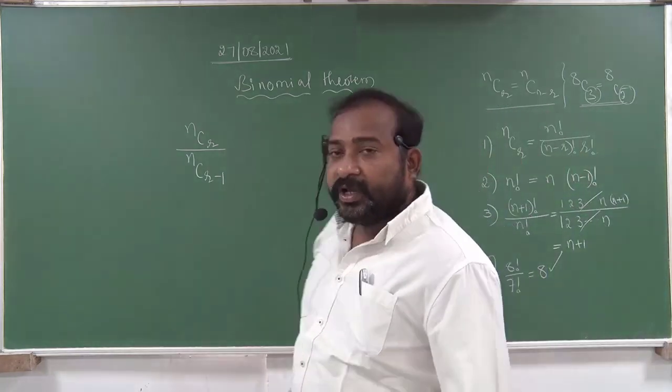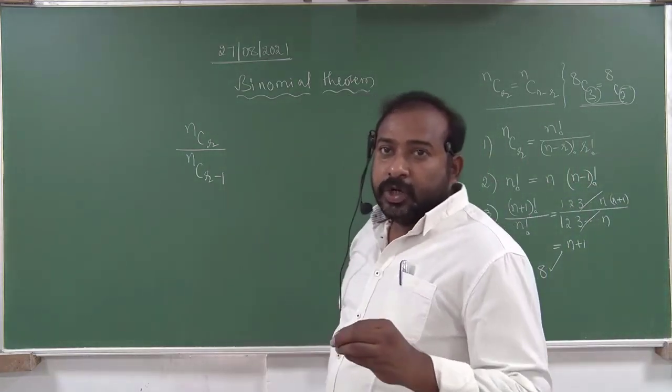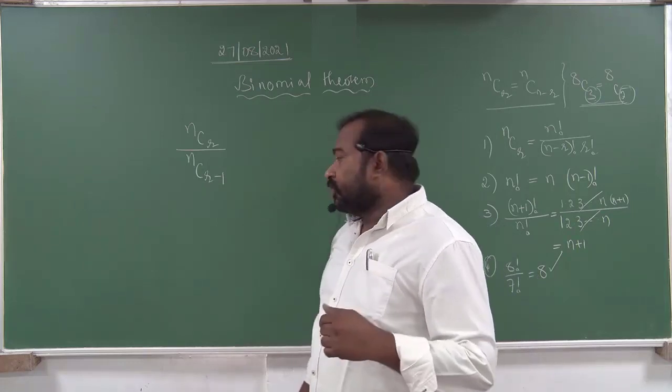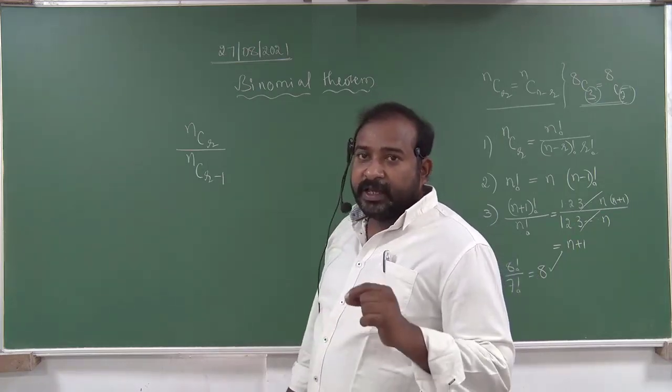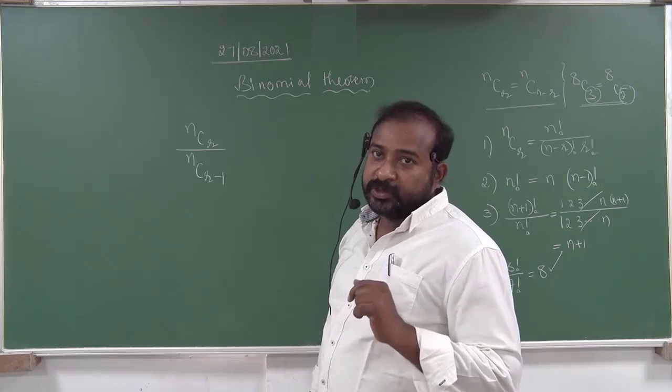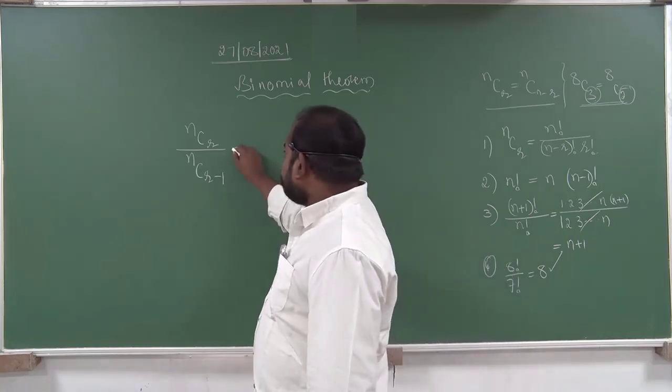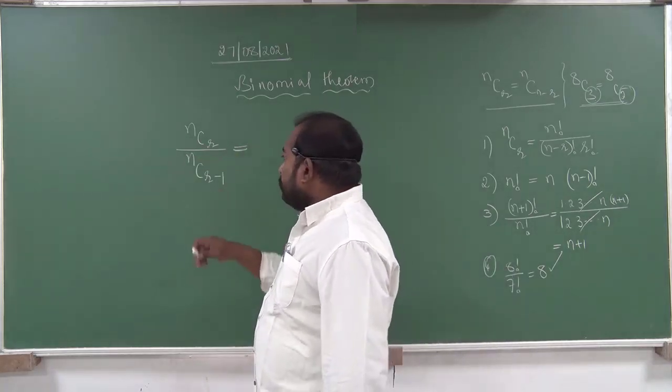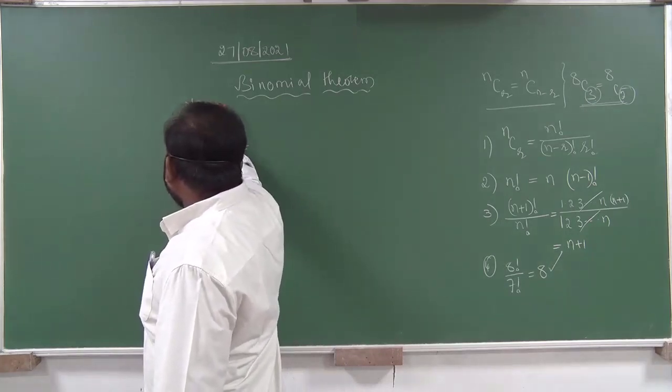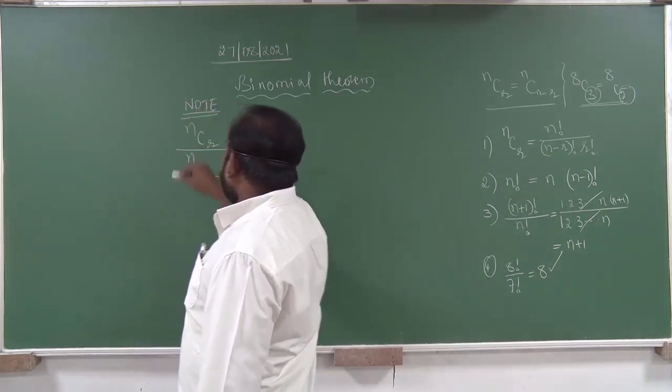Now today in this class I will explain one more important calculation: nCr by nCr minus 1. What will this value be? Listen, first of all, note just one important point. Note nCr.